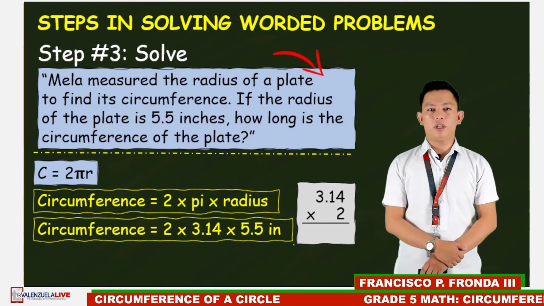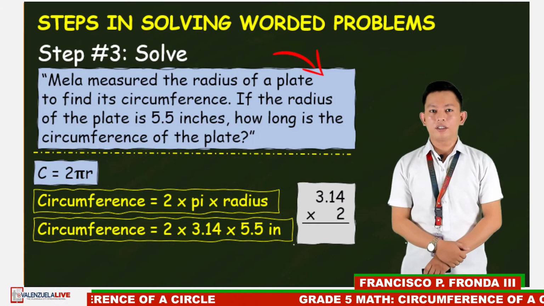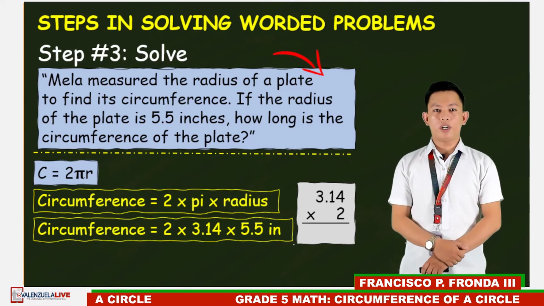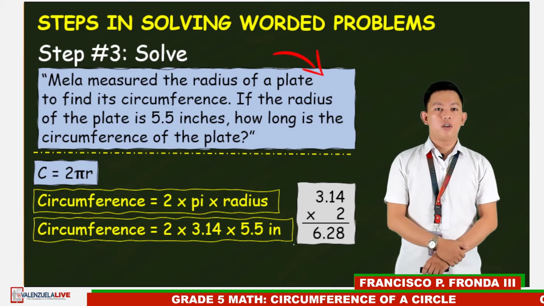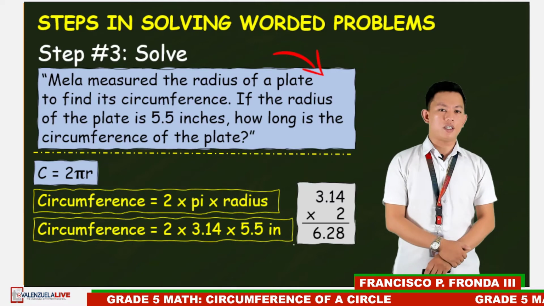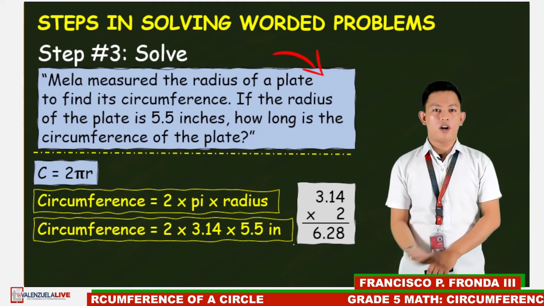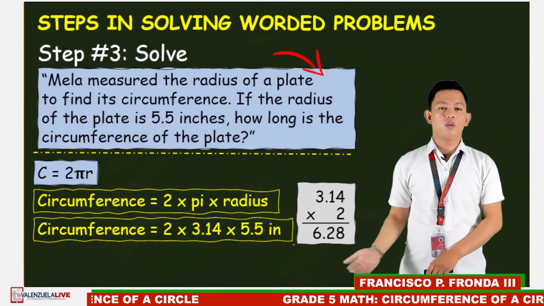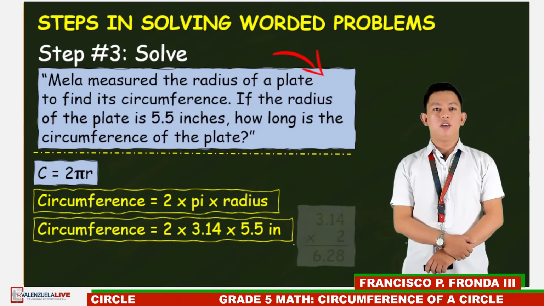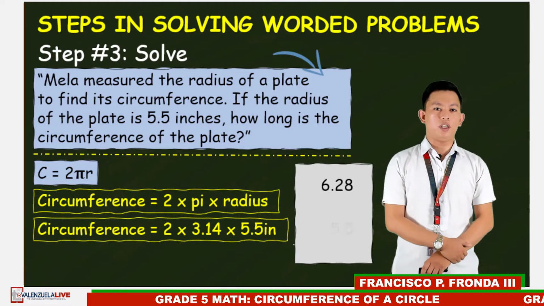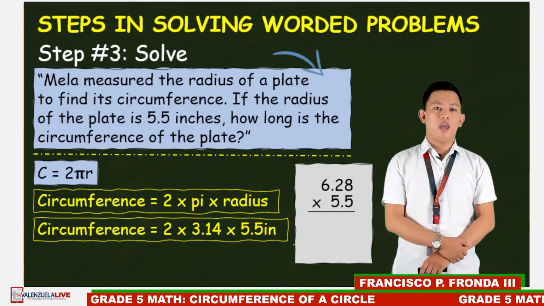Now, let's multiply 3.14 times 2. 4 times 2, the answer is 8. 2 times 1, the answer is 2. 2 times 3, the answer is 6. Therefore, our answer is 6 and 28 hundredths. Then, let's multiply 6 and 28 hundredths by 5 and 5 tenths.